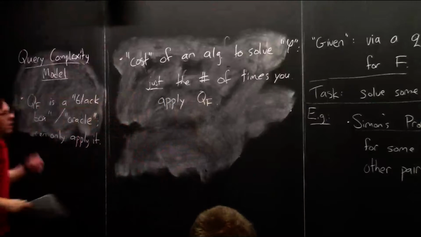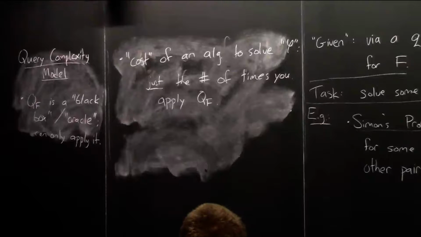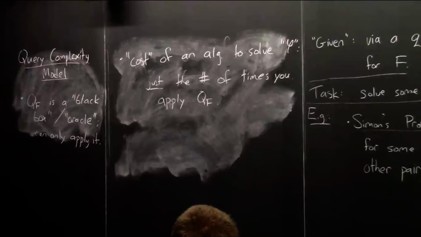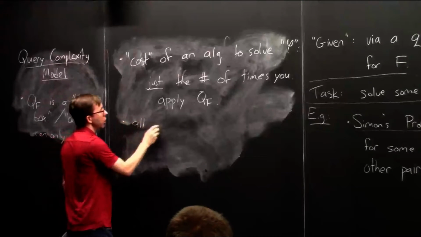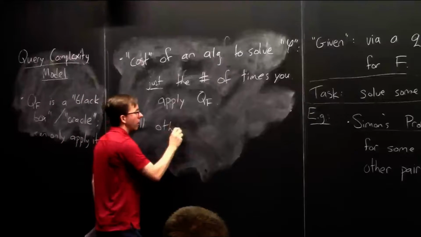So in some sense, you only charge yourself 1 every time you look at an item in the input list. Okay? And in particular, all other computation you do is quote unquote free.